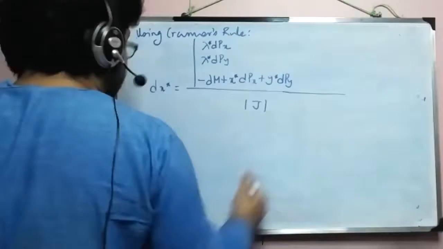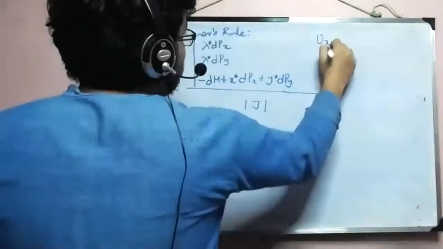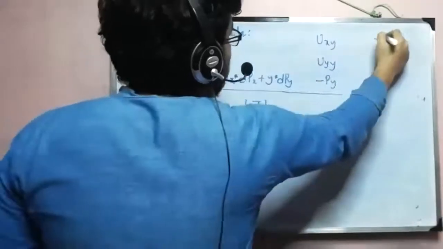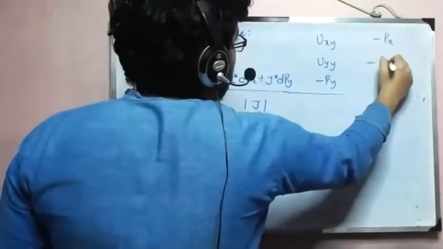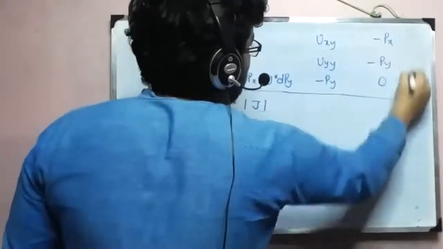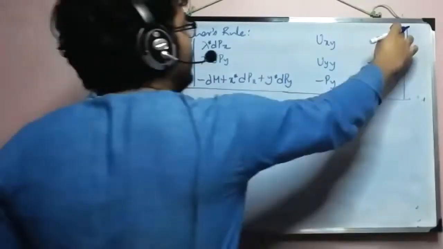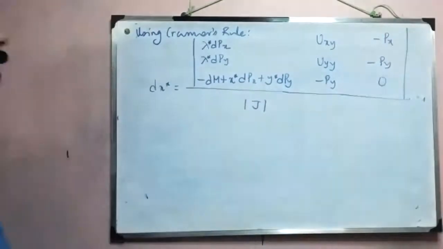Okay, so the first column replaced, then the rest of it. All right, so that is our dx star here.